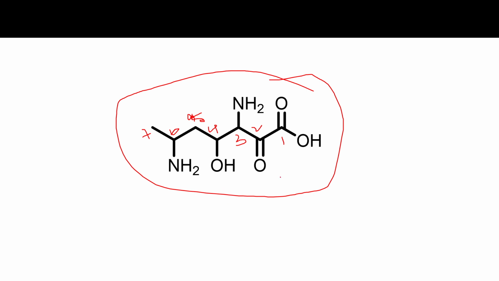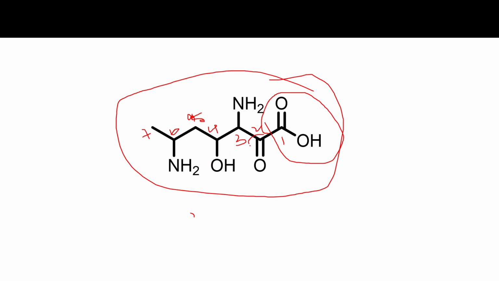3,6-diamine hept 2,4-diol 1-oic acid. This is the acid, no? If you consider this as an acid, then you should not consider this as a ketone group. Sir, 3,6-diamino-4-hydroxy-2-oxoheptanoic acid.